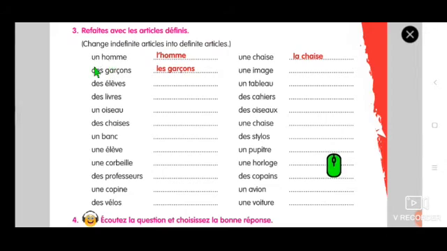When you convert it to the definite article, it will become l'homme. Why? Because H is a vowel. Okay, so "des garçons" will become "les garçons" because of converting. "Des élèves" becomes "les élèves", and since there is a vowel here, it is l' apostrophe also.